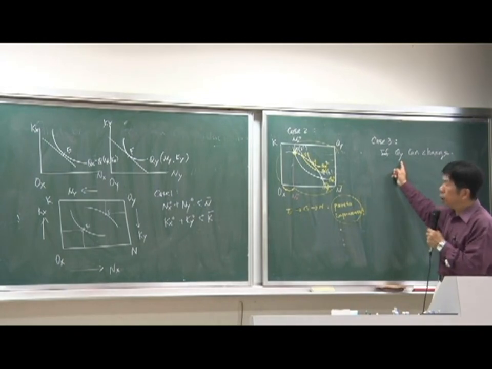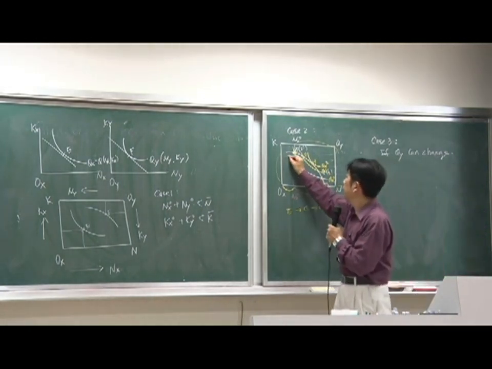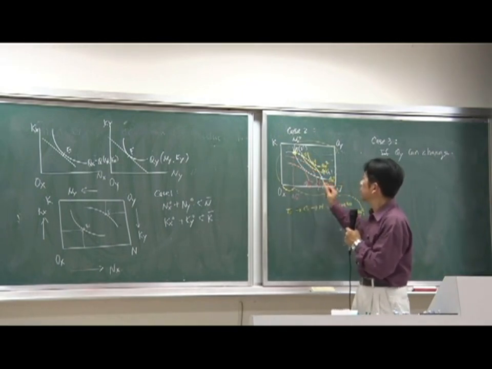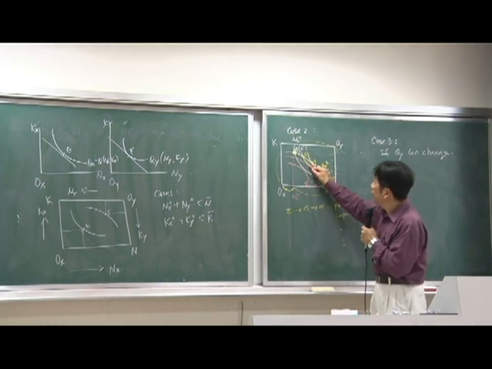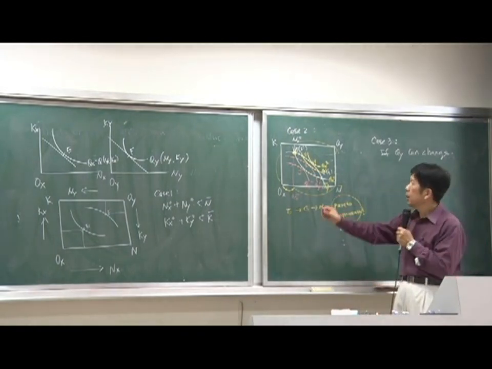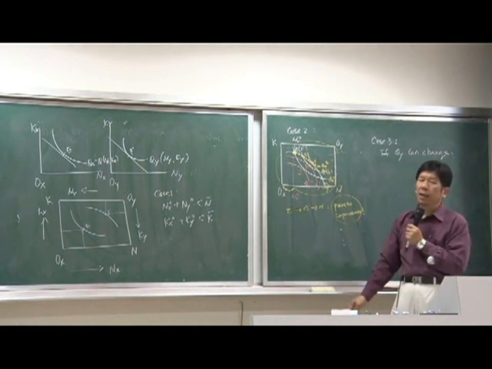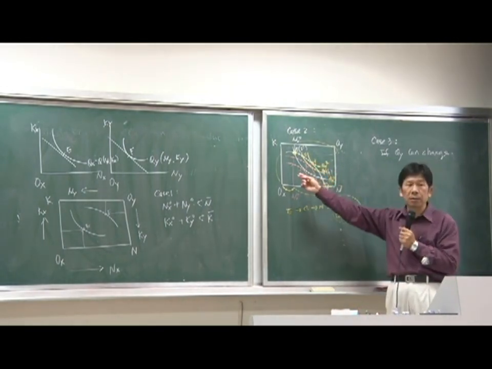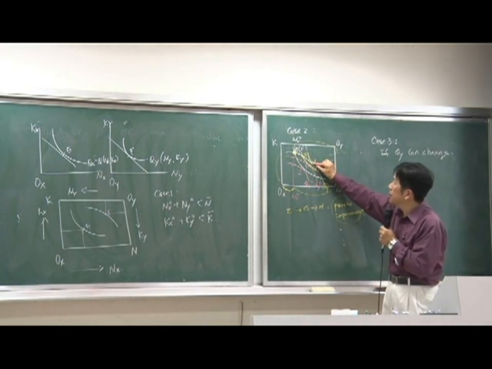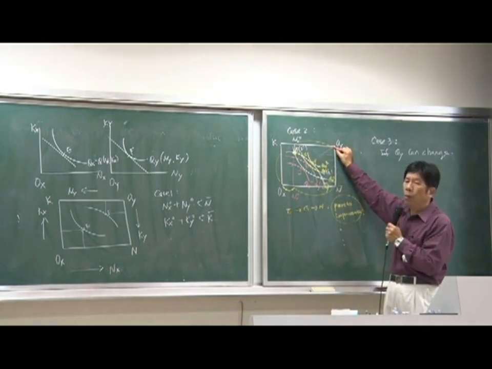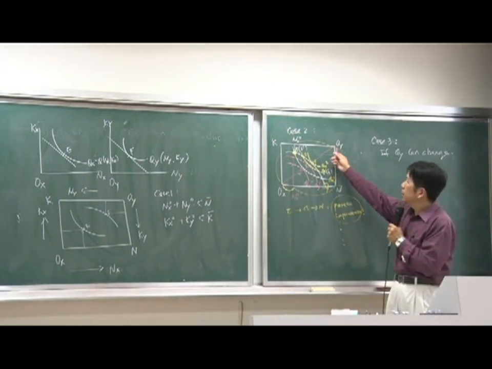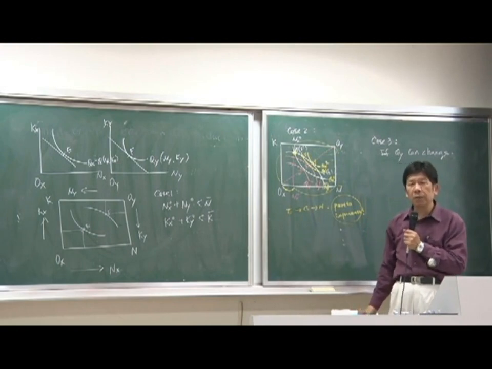So if QY can change, the same, you can find this is QY1, QY2. We also can have point I, point Z. Hij means this is the production efficiency. And if we extend the points from point H to point OY, or from Z to point OX, we also can call this the contract curve of production.